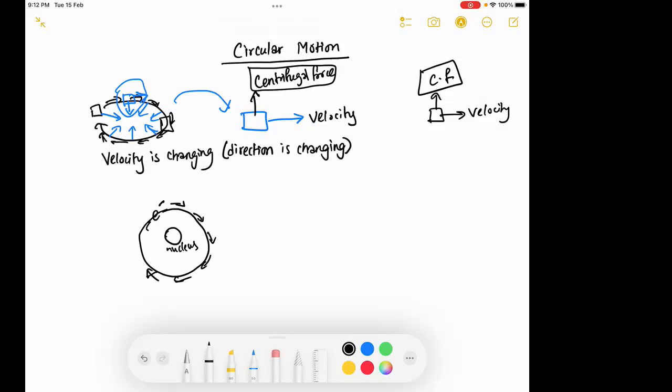It's changing velocity because it's changing direction, because there is a constant force acting towards the center of the circle, which is the nucleus. The force that the electron is feeling is actually the electrostatic force. This is what is acting as the centrifugal force.